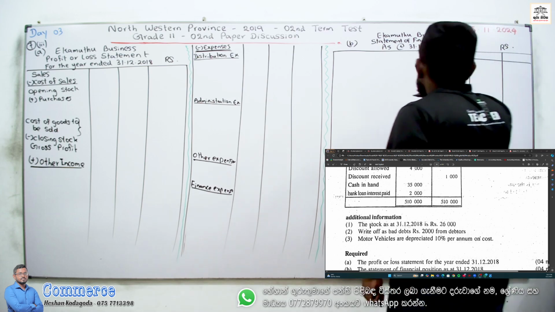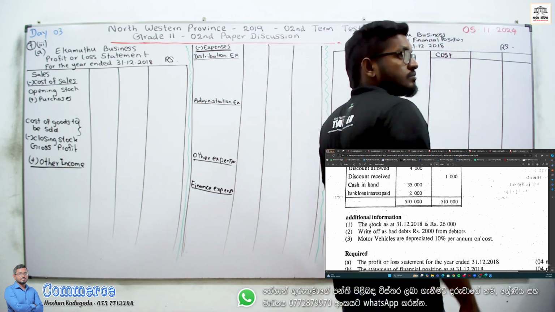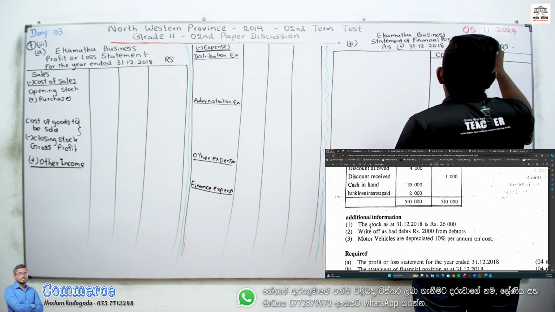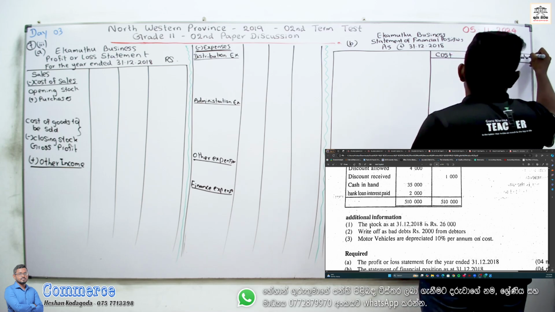Cost, accumulated depreciation, and the net value or the carrying value.